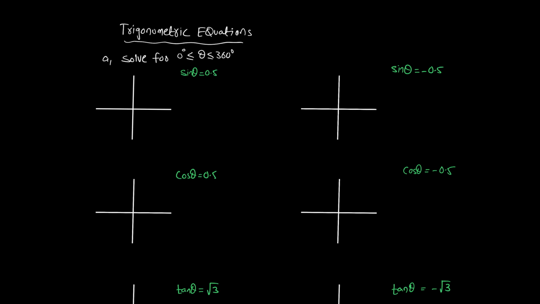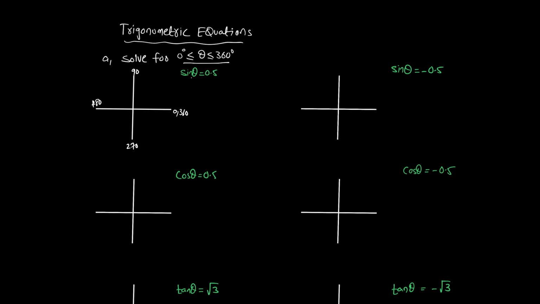Achha ji, so let's finally move on to solving trigonometric equations. You have been given sin theta equals to 0.5, and you are being asked to find all the values of theta from 0 to 360 degree. So we know this is 0, this is 90, this is 180, and this is 270, and one complete rotation will be 360 degree.